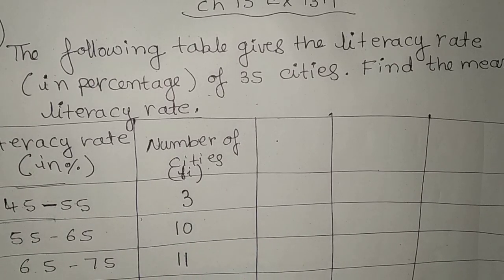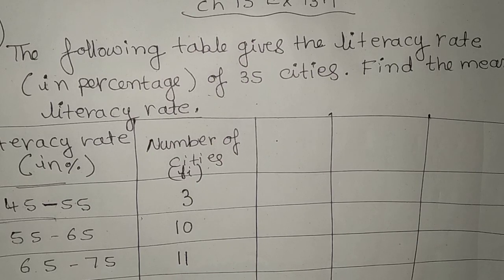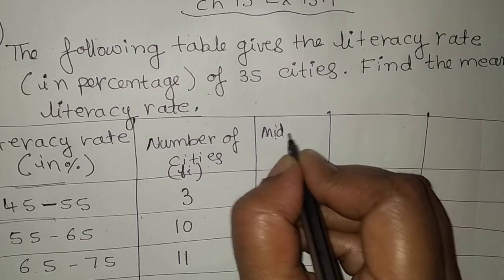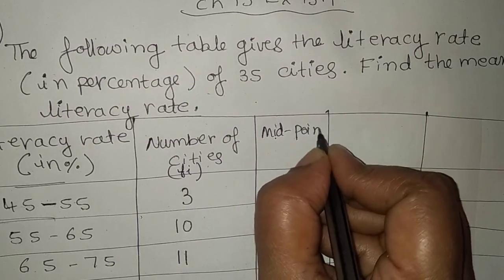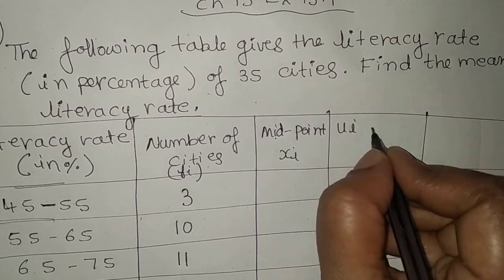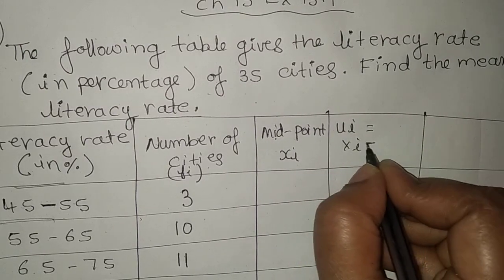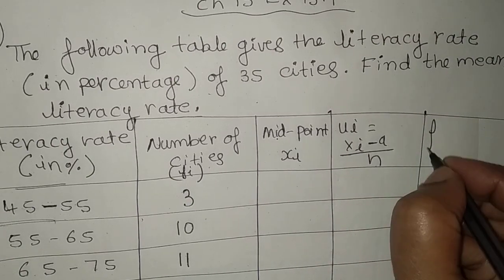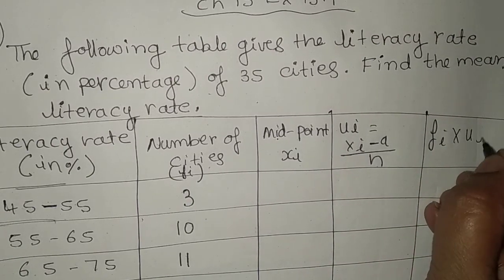Number of cities is given here, then 8 and 3. So we'll find out similarly the midpoint, that is xi, then ui will be xi minus a by h, then finally fi into ui.